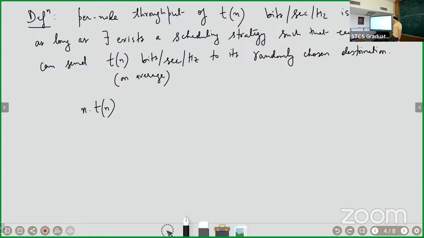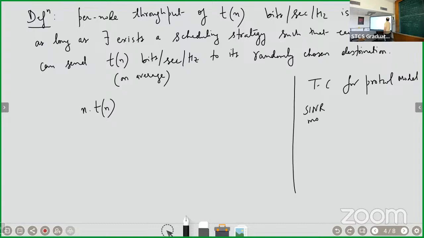So what all I've said is the transport capacity for the protocol model carries over to the SINR model. Now the question is what is T of n, or n times.